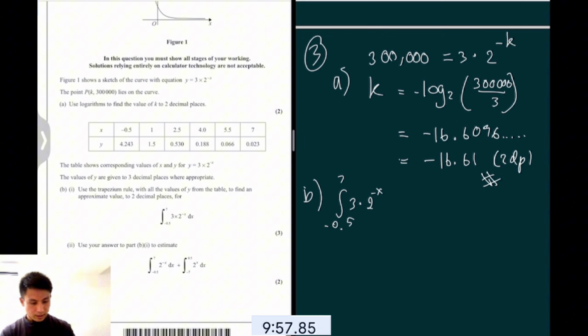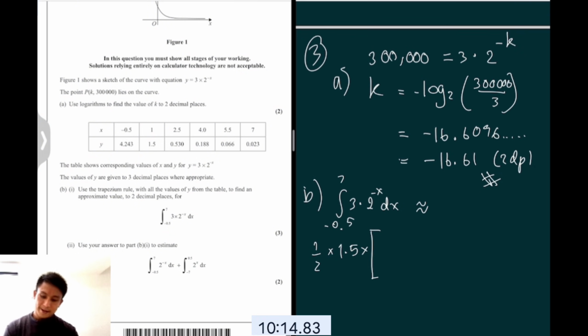The integral of 3 times 2 to the minus x dx is approximated to 1/2 times the strip width, which is 1.5. So 1.5 times, big parentheses, we sum up the first and the last y values, and then 2 times all the other ones added up.